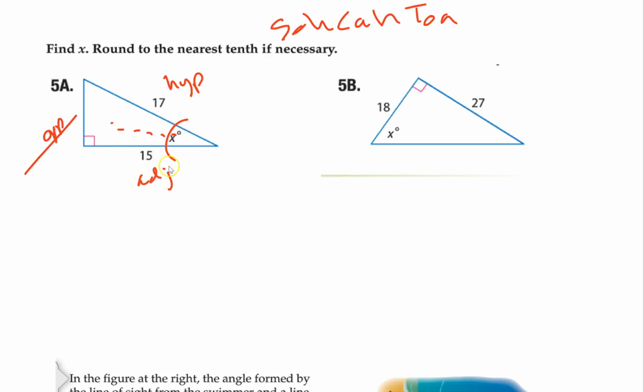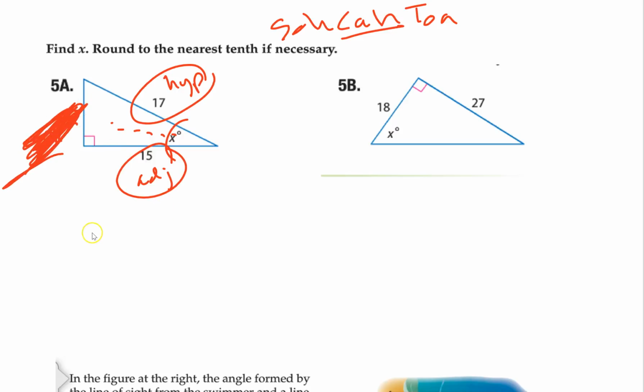I don't have opposite. I have adjacent, I have hypotenuse. So CAH, so cosine of x equals adjacent over hypotenuse. So you're going to get rid of cosine, so it's inverse cosine of both sides.